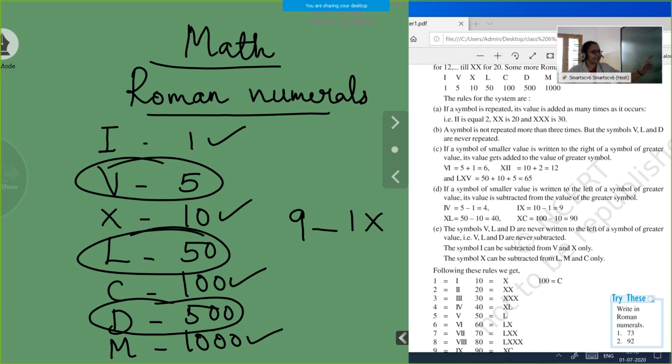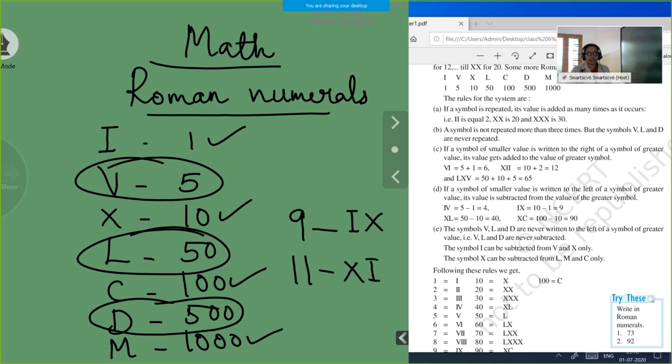Subtraction means we put it to the left side of the Roman number. But 11 means 10 plus 1, so we put the I to the right side. So XI makes 11 and IX makes 9.